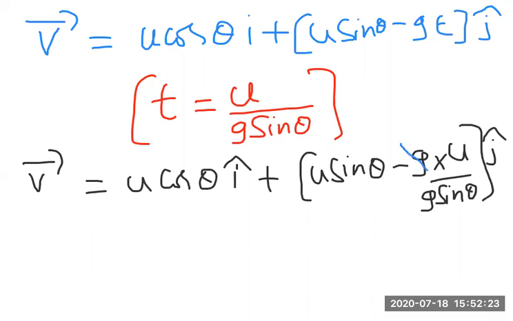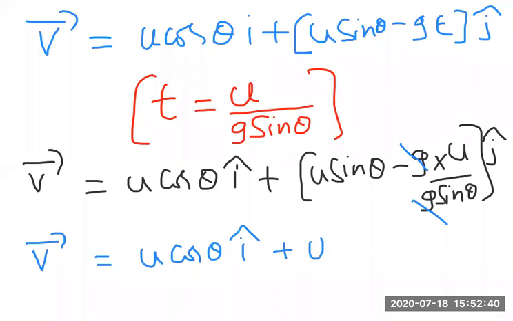Here g cancels. So v bar is equal to u cos theta i cap plus, if I take u common, u into sin theta minus 1 by sin theta into j cap. This is the value I got.